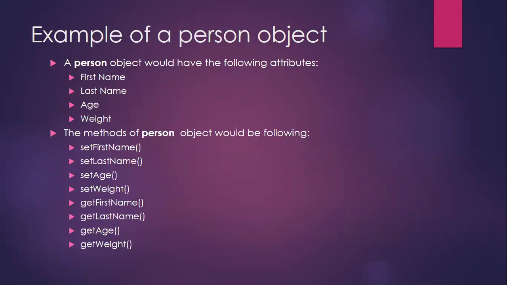So these are the parameters that we set while getting the information about a person. If now you want to get the details of the person, what we can do is get first name, get last name, get age, and get weight. These kinds of instance methods should be used.